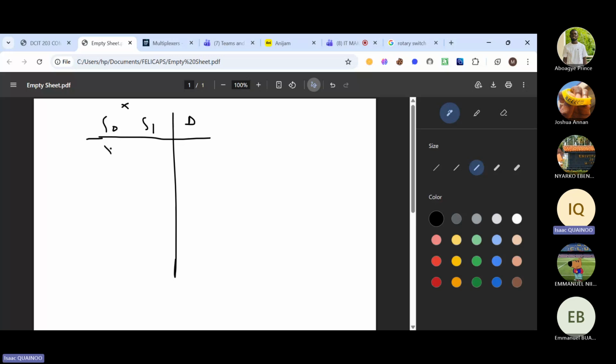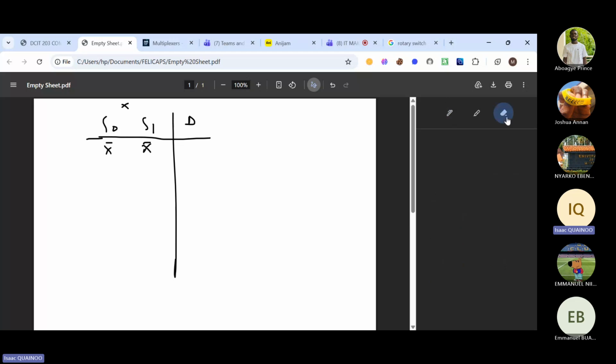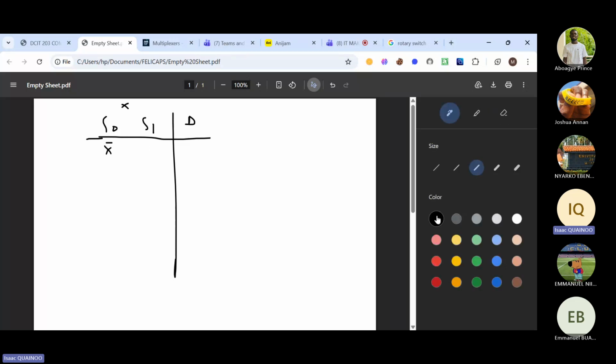So 0, 0 will be X prime. Let's use S prime and Y, else I'll have to use S0 and S1 instead. So let's use Y for S1. So X prime Y prime. And then 0, 1, we are going to get X prime Y.